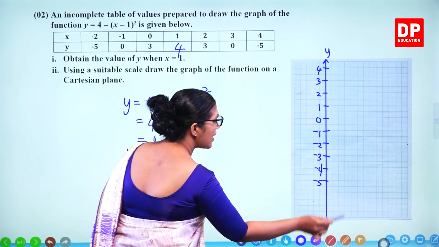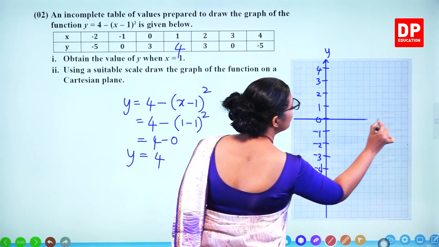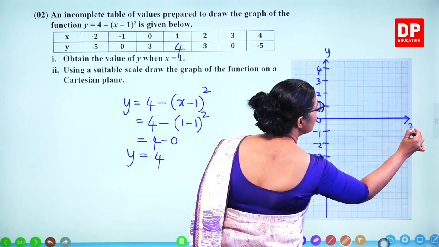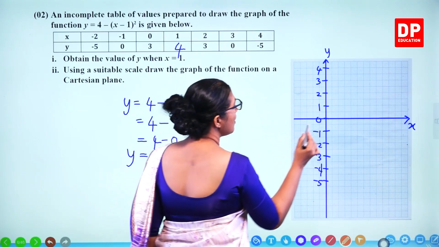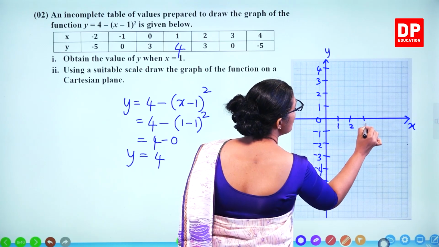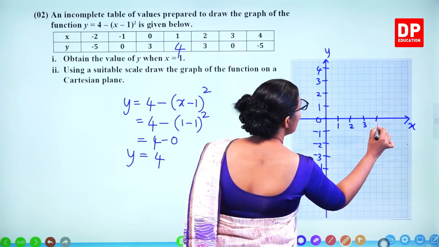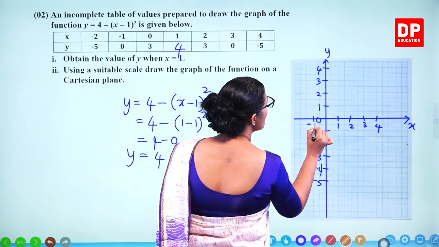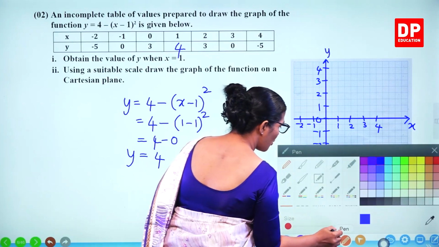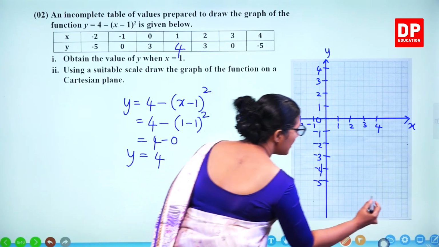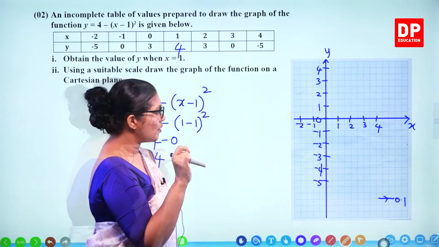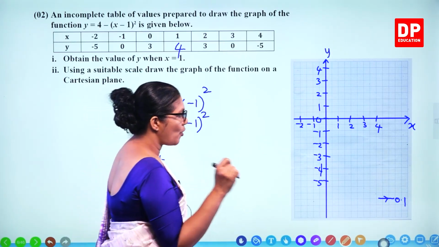Now we can draw the x-axis. Now you can mark the x values 1, 2, 3, 4, minus 1, minus 2. So that's the scale. So you can write the scale. This side 0.1. Small square is 1 over 10, that's 0.1.